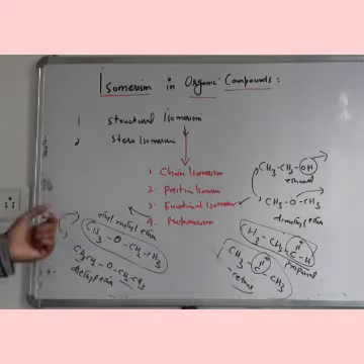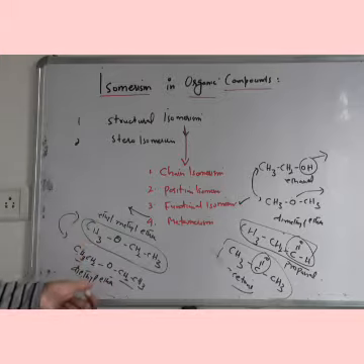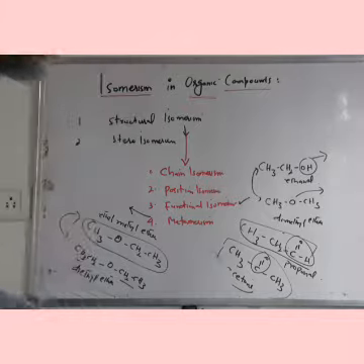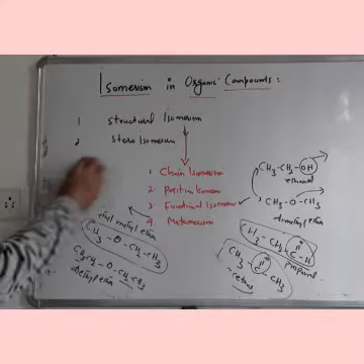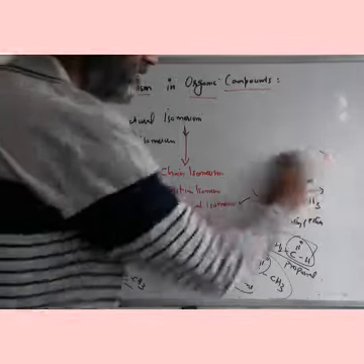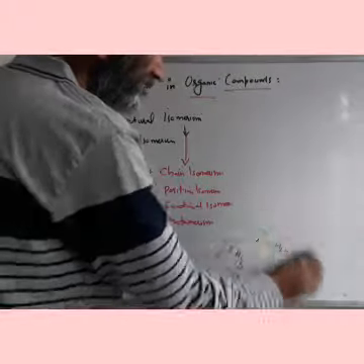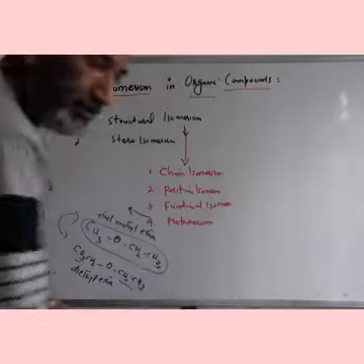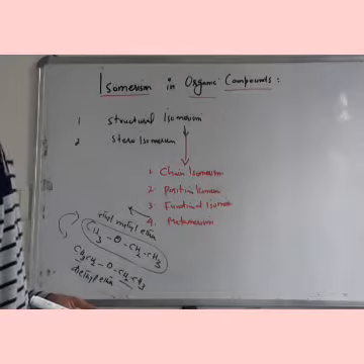Now we have stereoisomerism. What is meant by stereoisomerism? Stereoisomerism is the main type of isomerism. What is stereoisomerism?